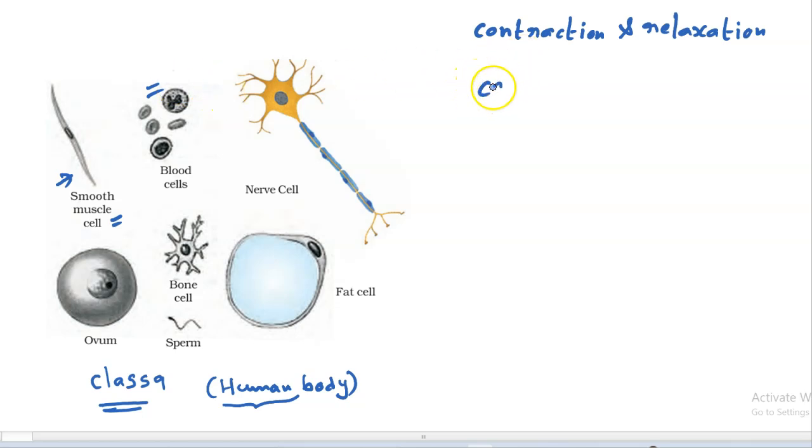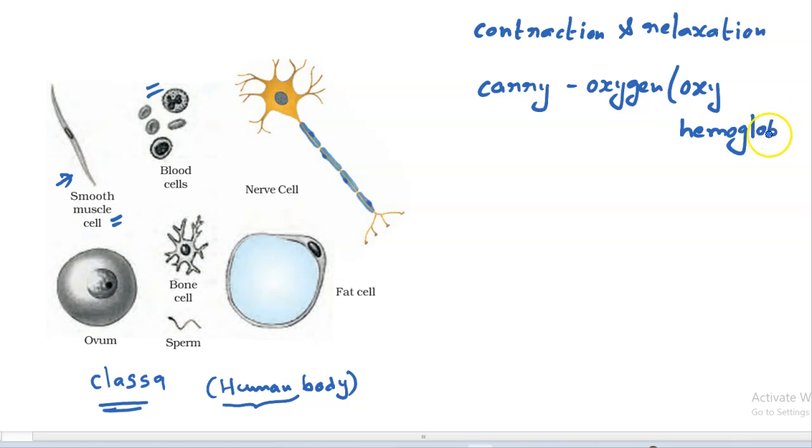Blood cells are helpful in carrying oxygen in the human body. They help in carrying oxygen and carbon dioxide in the form of oxyhemoglobin, as they possess hemoglobin pigment. Blood cells are involved in oxygen transport.